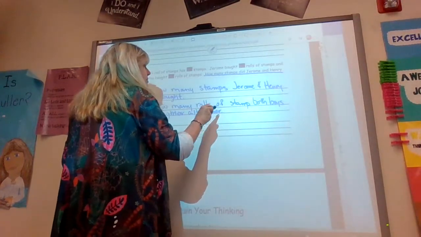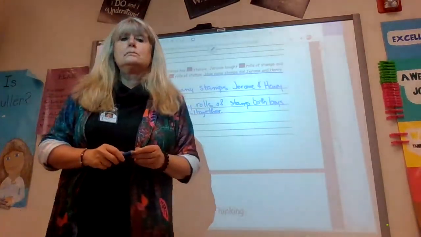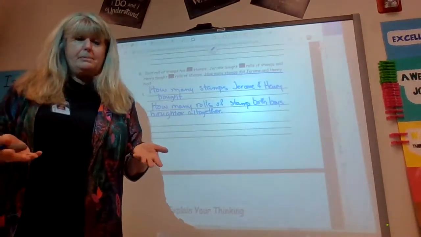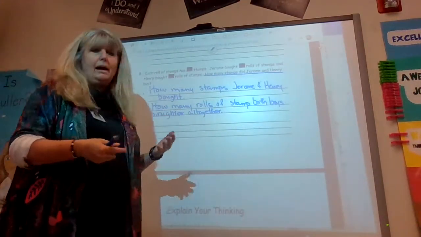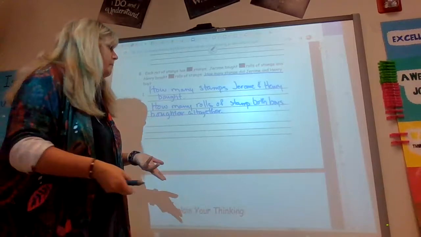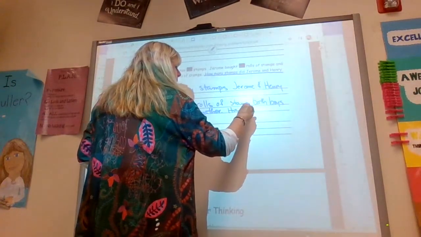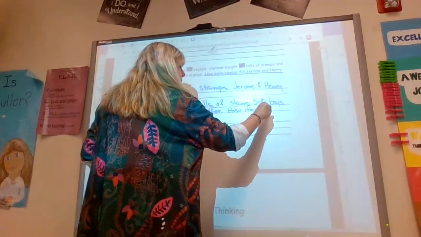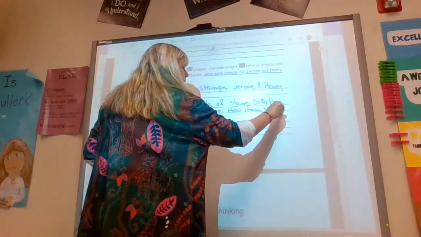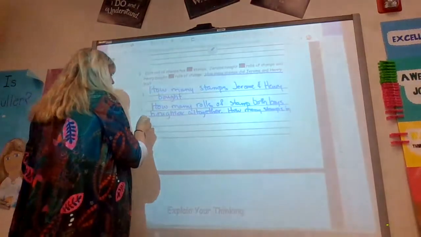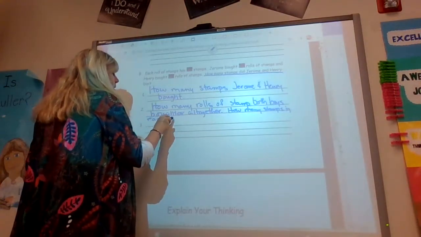Is that going to get me the answer of how many stamps they bought? No, that's only going to tell me how many rolls they bought. Then I have to figure out, well, how many stamps are in each roll?